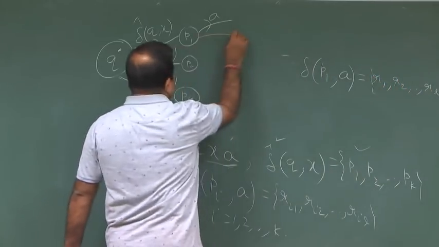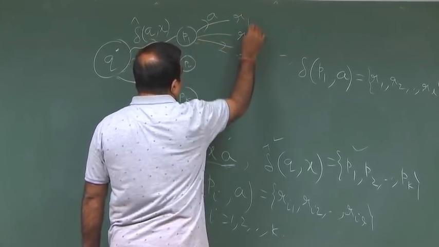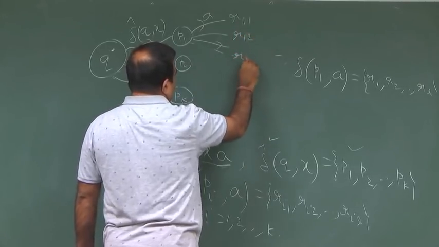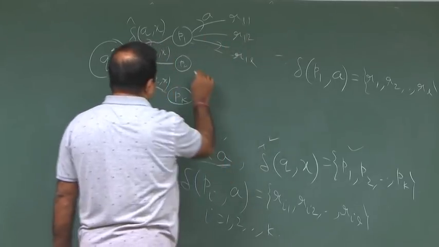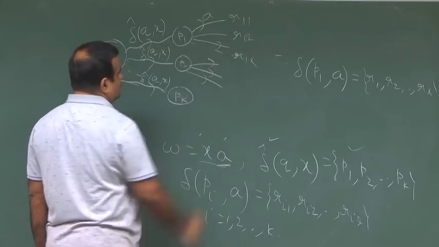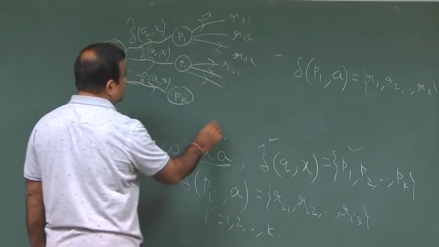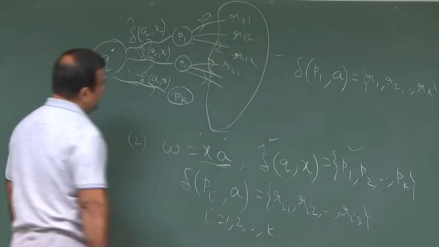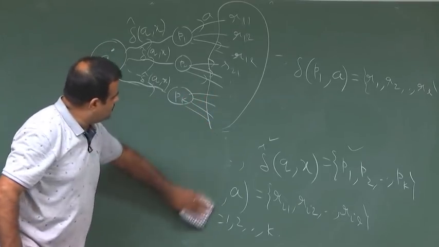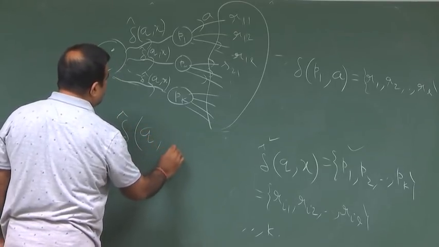From here we can go to R11, R12, ..., R1L, like this. And again from P2 we can go to some other states, say S1, S21, S22, like this. So these are the sets. From Pk again we go to many other states. These are the sets which are basically delta hat of q comma xa.